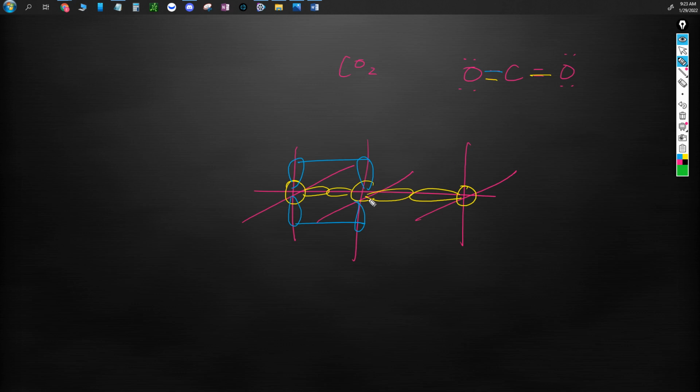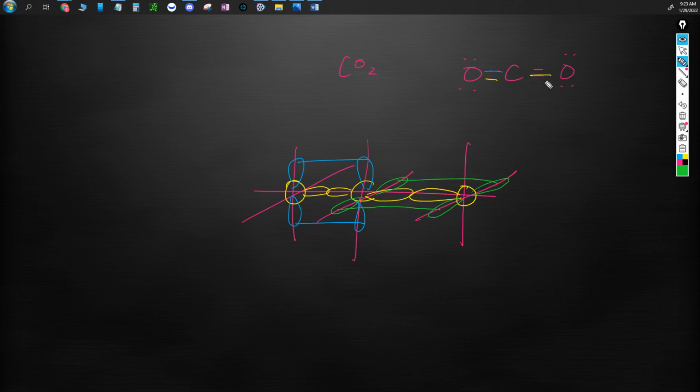In this carbon, the y-axis is taken care of with this y-axis, which is occupied. This carbon only has the z-axis available to make a double bond with the oxygen here. Now they will come together like this and form that double bond.